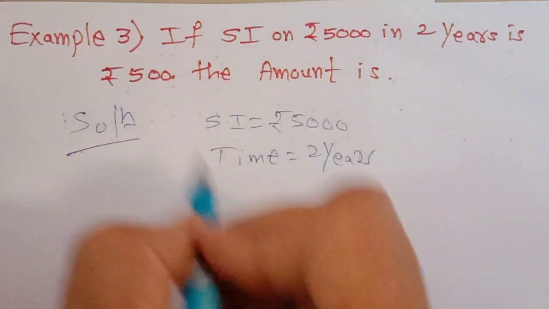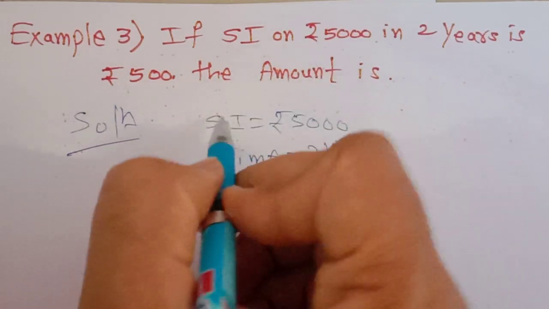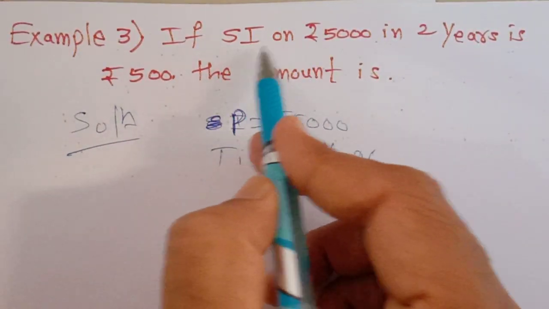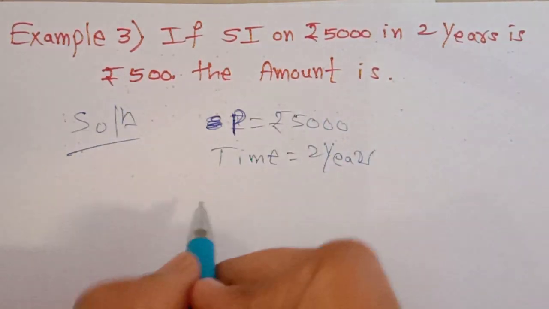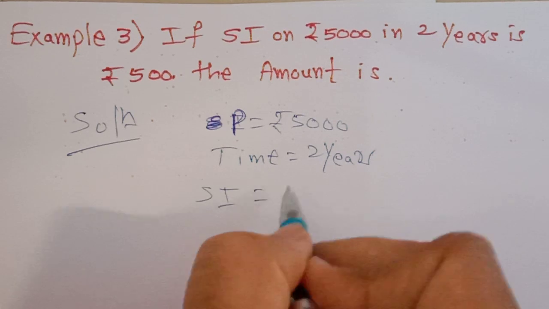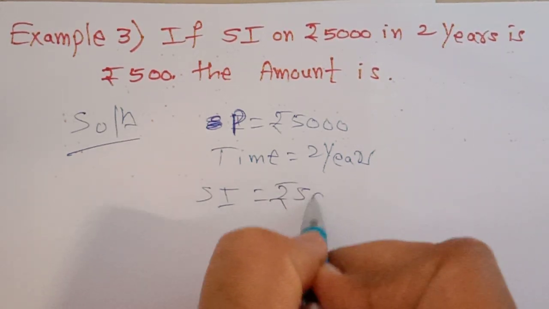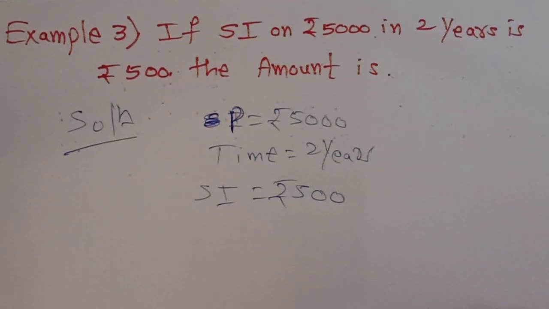SI on rupees 5,000 means on rupees 5,000 the SI is here. SI they have given, it's rupees 500. So this is actually a direct question.